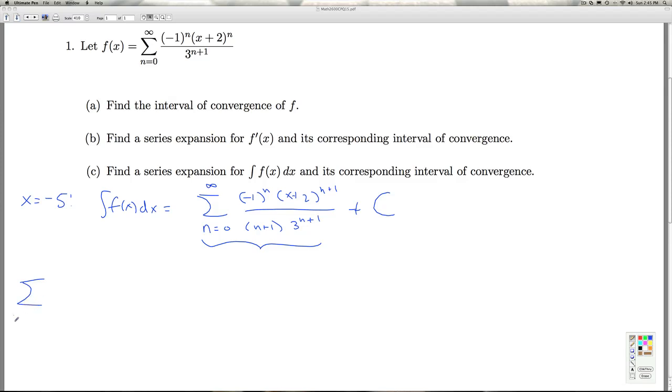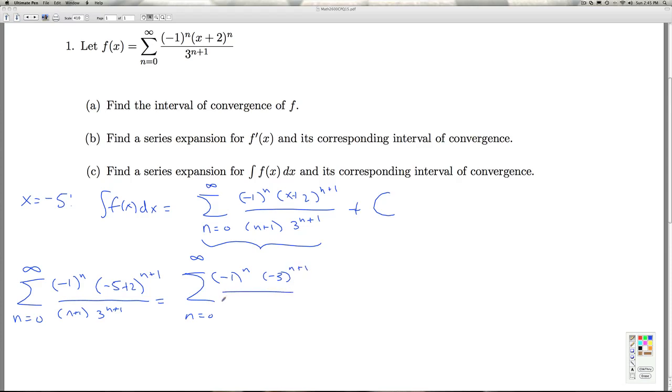So when I plug in x equals -5, I get (-1)^n (-5 + 2)^(n+1) over (n+1) 3^(n+1), which is the series n equals 0 to infinity, (-1)^n (-3)^(n+1) over (n+1) 3^(n+1).